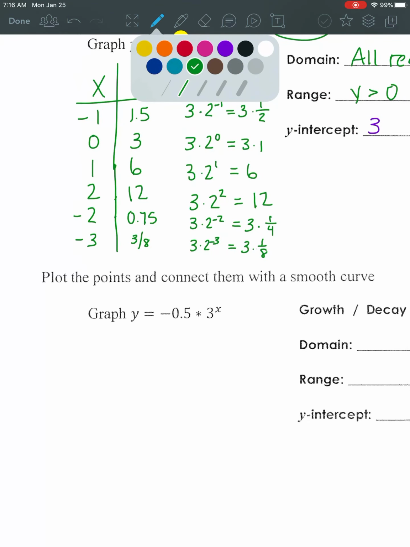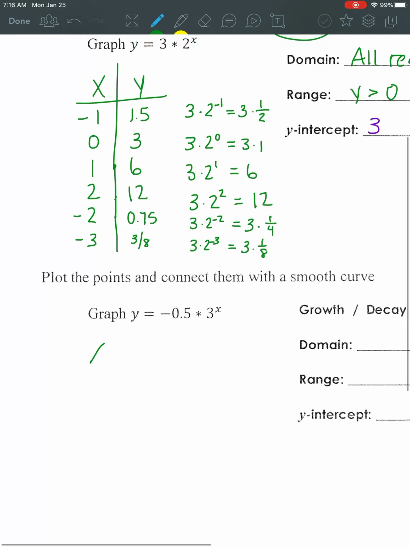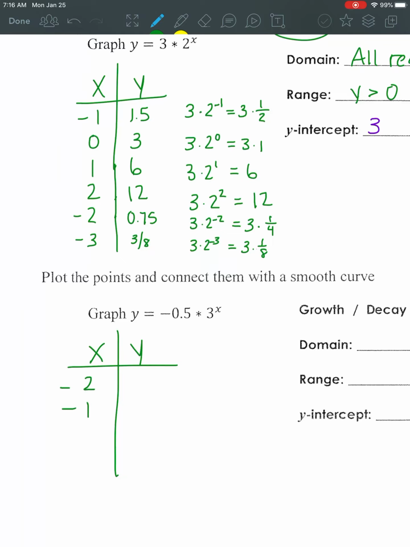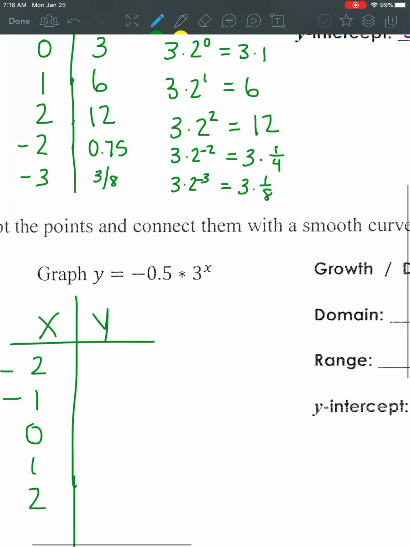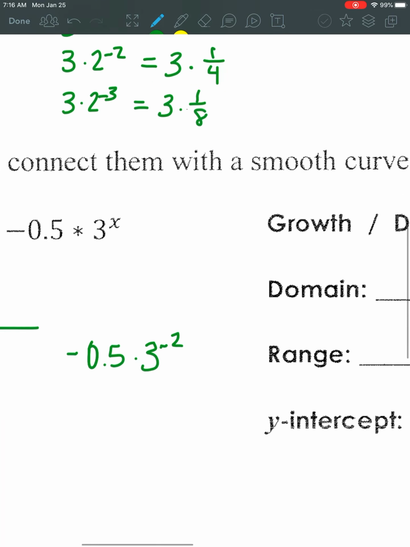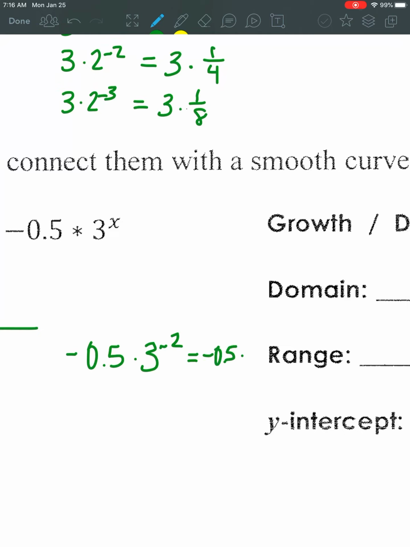Okay? We're going to do another one where that first term is negative. So again, you would create your x and y values. Remember to pick some positives, negatives, zeros. So I'm going to start with negative 2, negative 1, 0, 1, 2, and see what happens in this one. So we're going to do negative 0.5 times 3 to the negative second power.